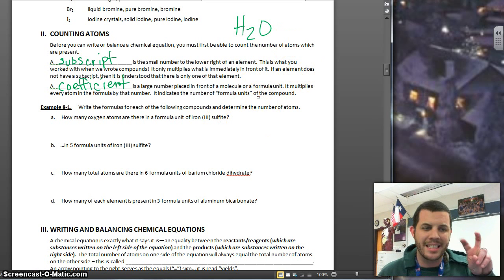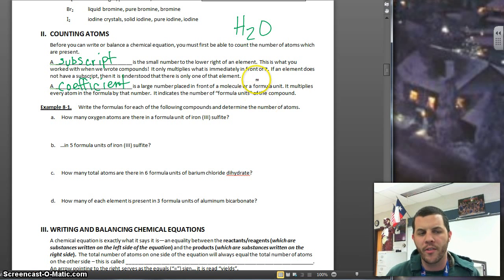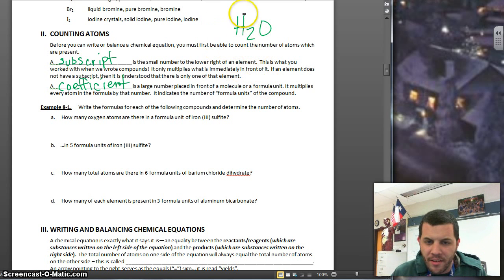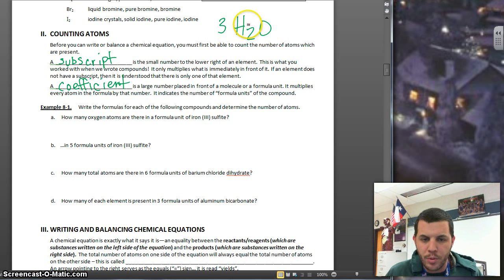A formula unit is like an ionic molecule. If you ever hear me say formula unit, I'm referring to a molecule of the ionic form. So if I want to say that I've got 3 H2O molecules and I put a 3 out here, this number is called a coefficient. This means I have 3 H2O molecules.